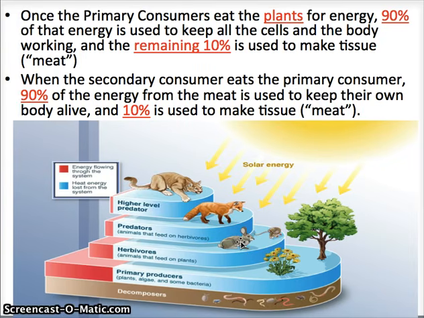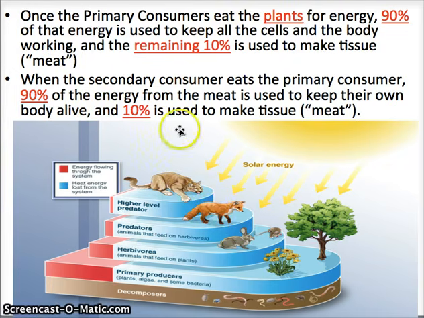The remaining 10% that's not used actually gets converted into tissue, such as muscle or fat or skin. And when the secondary consumer here eats the primary consumer here, it's actually eating the 10% of the energy that made the tissue. So only 10% of that gets passed on to the secondary consumer, and so on and so forth. So that's what happens in the energy pyramid.